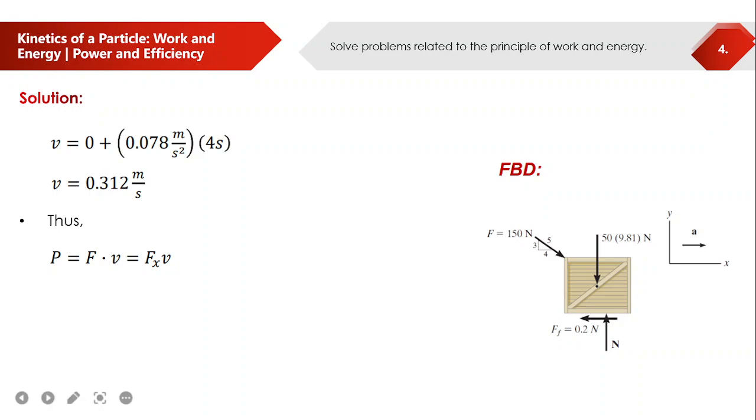So we can calculate the power of the man na in-apply ng crate kasi nga nag-move yung crate natin horizontally. Hindi naman siya paganto din yung direction ng crate natin. So we should consider account the horizontal component of the force only.